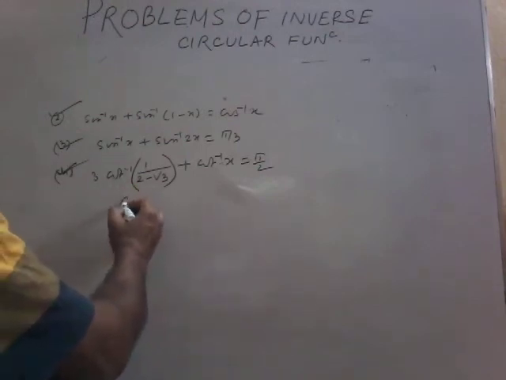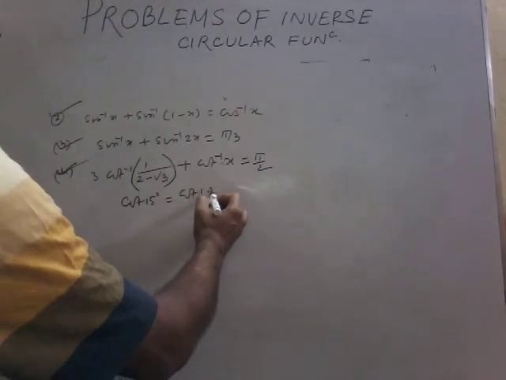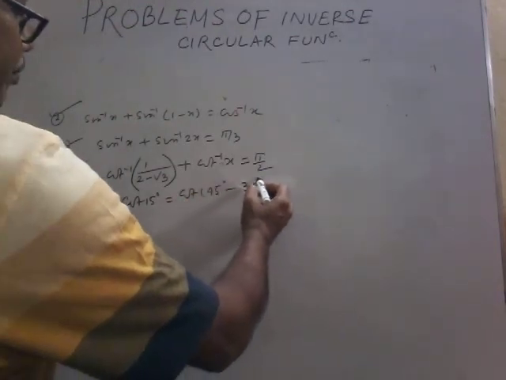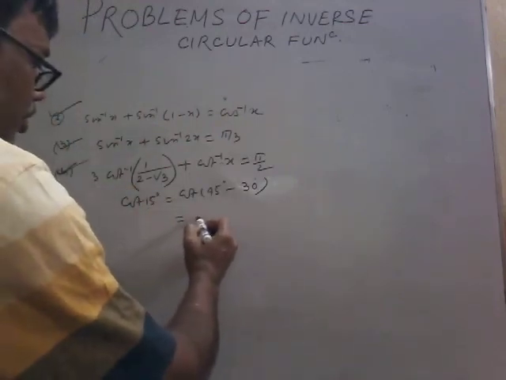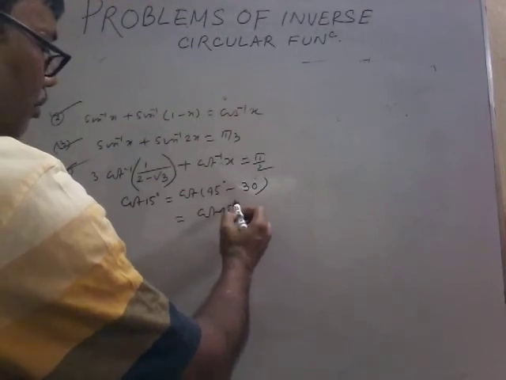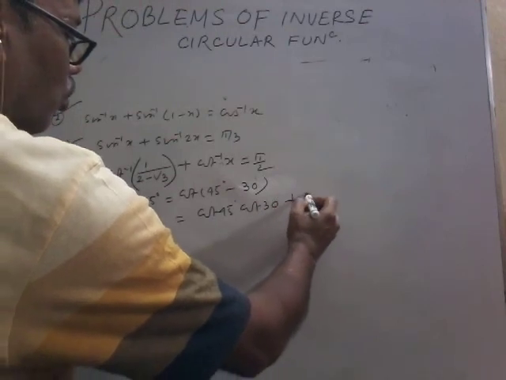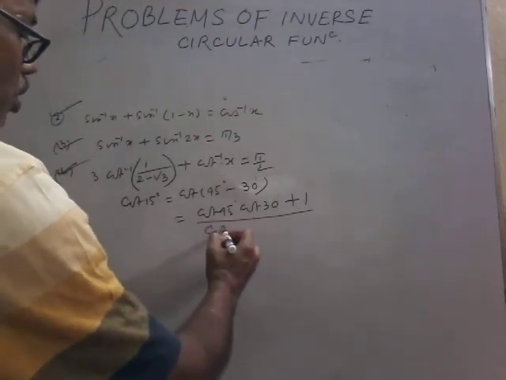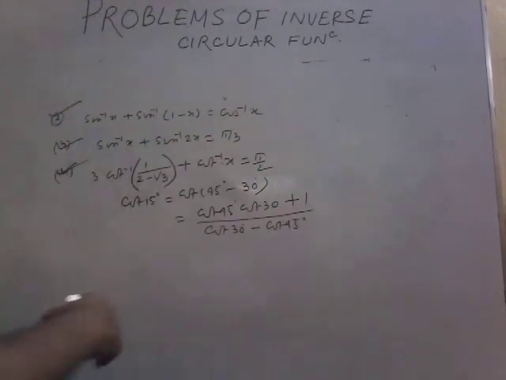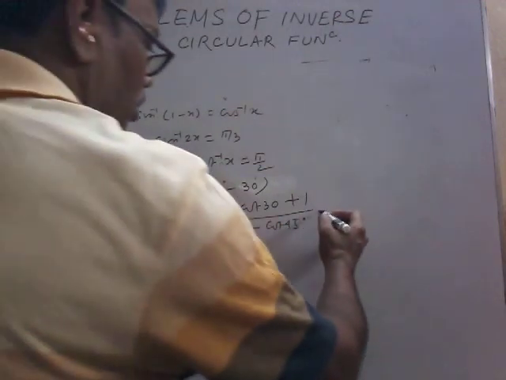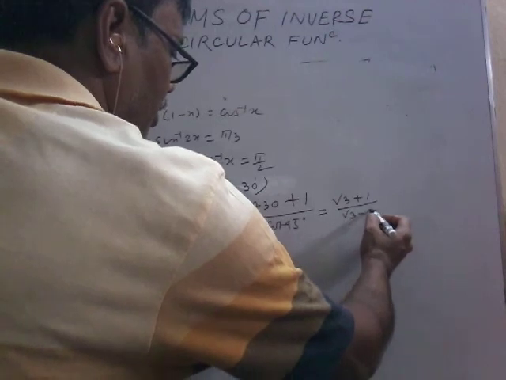So look, cot 15 degree equals cot of 45 minus 30. So you find the value. It is (cot A cot B plus 1) by (cot B minus cot A). So put the value cot 30 root 3 plus 1.